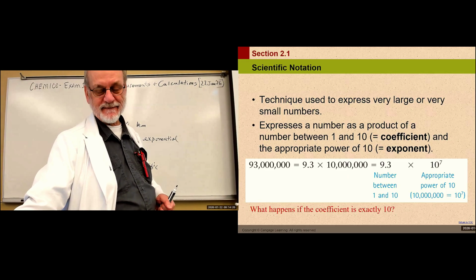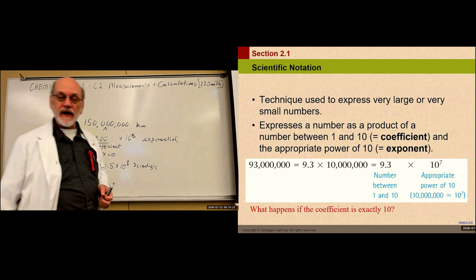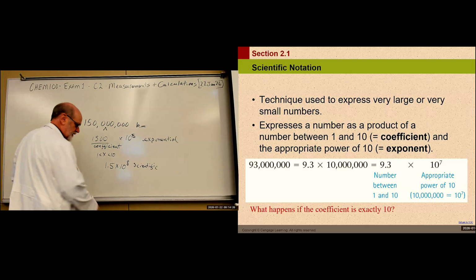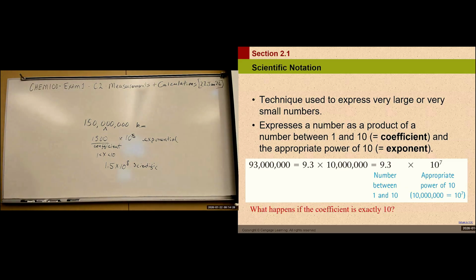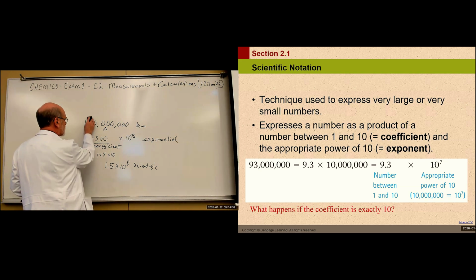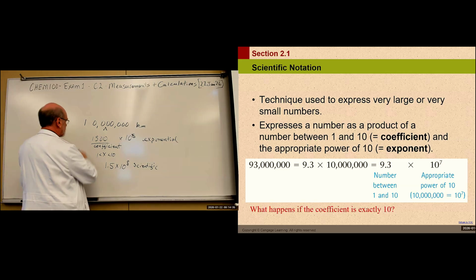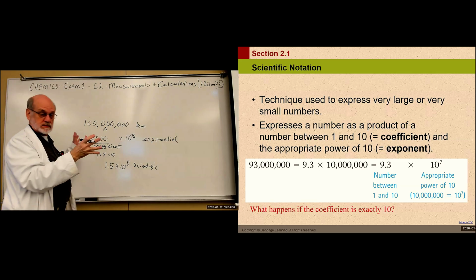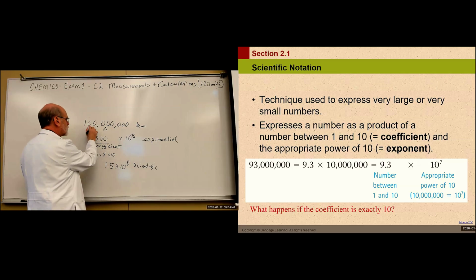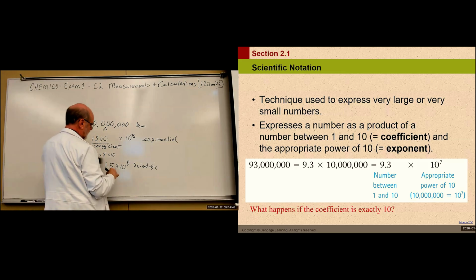All right. Okay, what happens if your coefficient is 10? What if instead this was a 0? Then, and we only moved to this place right here. Well, that would make this 7.